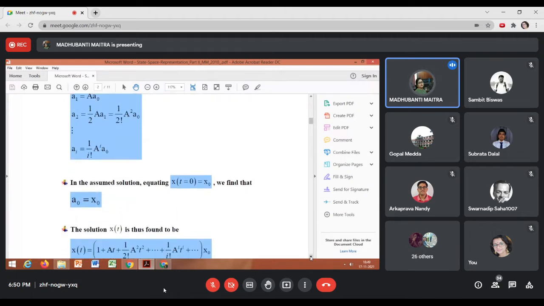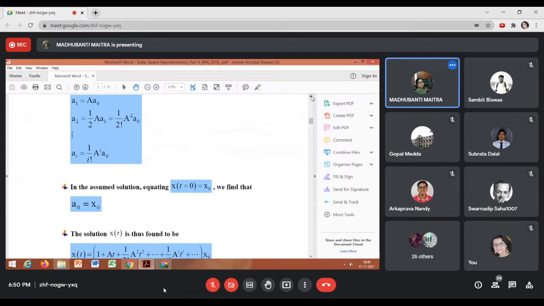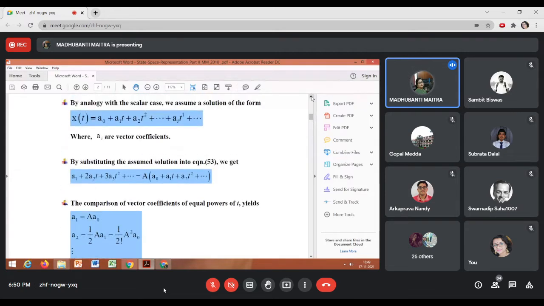So if we assume the initial condition to be x at time t equal to 0 equal to x0, then let's go back to this equation. When time t equal to 0, then x0, the initial condition, will be given by this vector coefficient a0 because all other terms will be 0.